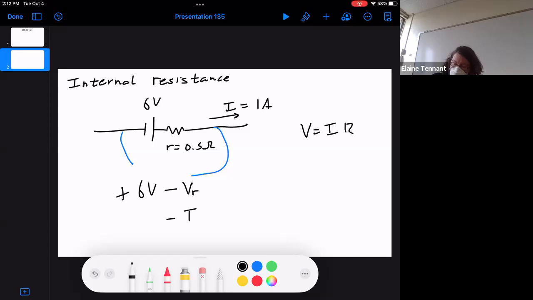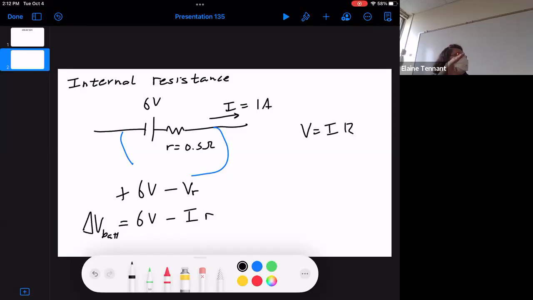So this will be the current times the internal resistance R. Does that make sense? And that's what you're going to read as the voltage across the battery. You're not going to read 6 volts. You're going to read 6 volts minus this voltage drop.